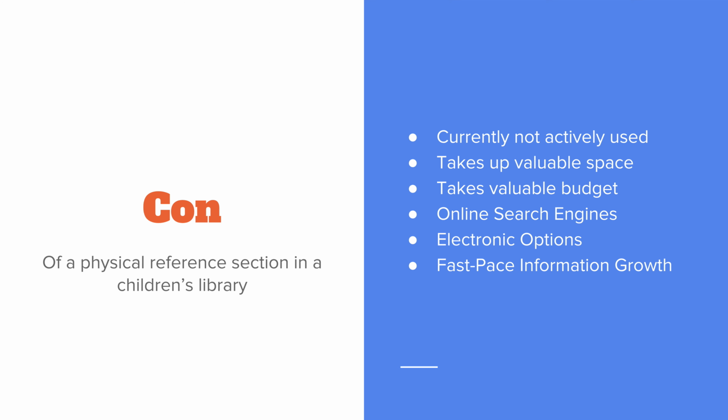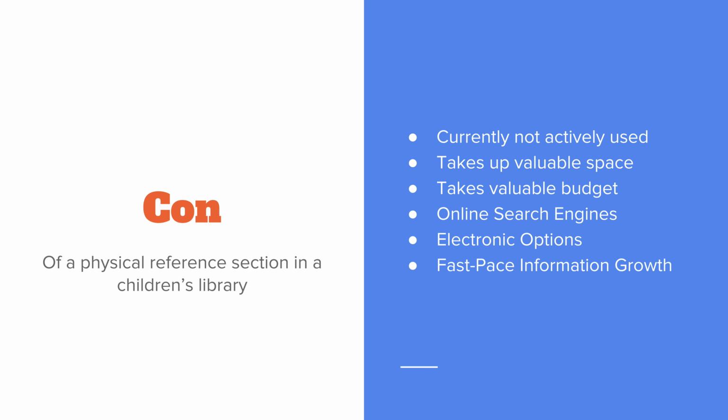So it takes up valuable space, not actively being used, but it also takes up valuable budget. These books are not cheap. They're not cheap at all whatsoever. The World Book set that I showed on a slide prior was about $1,200. If you're a public library that's being government funded, then yes, you have more than enough money to purchase more than one copy of it.